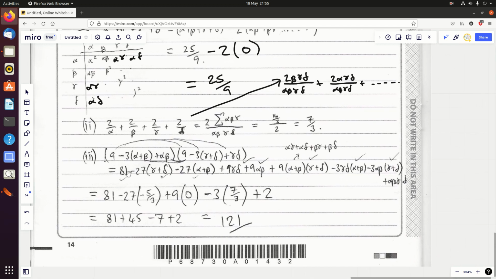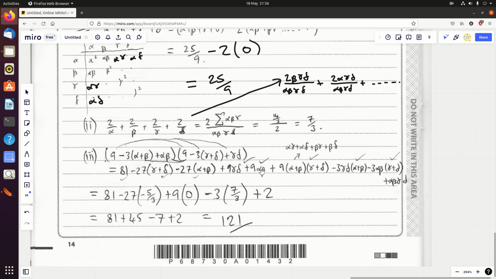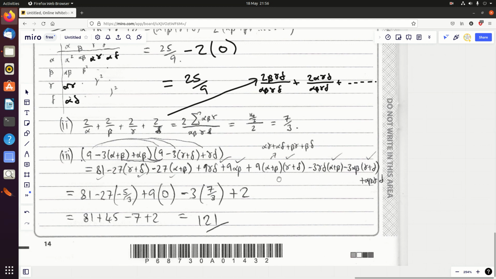But if we multiply these out carefully, we're going to get 81 minus 27 alpha plus, sorry, that's gamma plus delta, minus 27 alpha plus beta, plus 9 gamma delta plus 9 alpha beta. What I've done here is that times that, that times that, that times that, and then carry on multiplying them together.